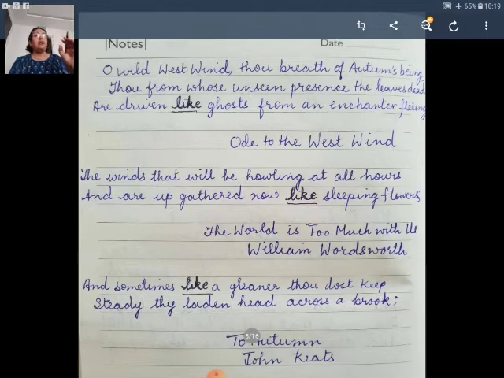A gleaner is one who sieves the corn, and she is like a gleaner. Thou dost keep steady thy laden head across a brook. So here autumn is compared to a gleaner. This is the simile. So now simile is over.